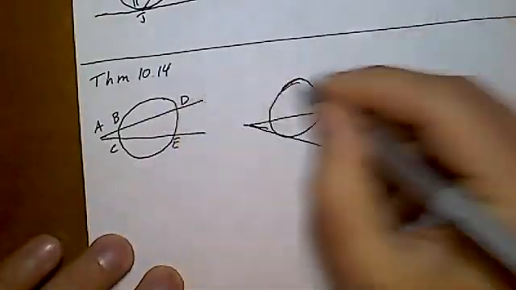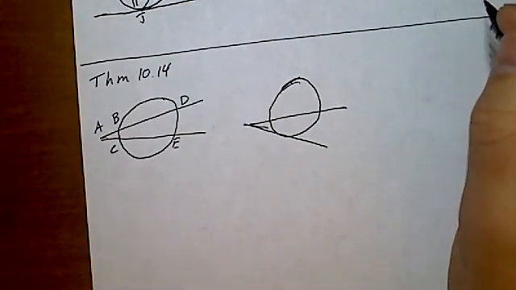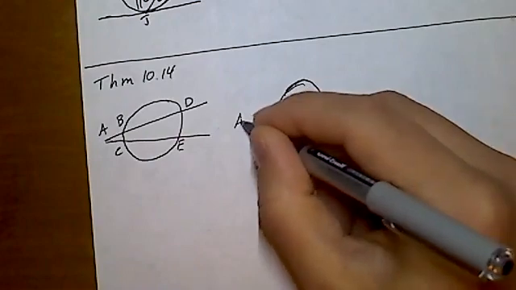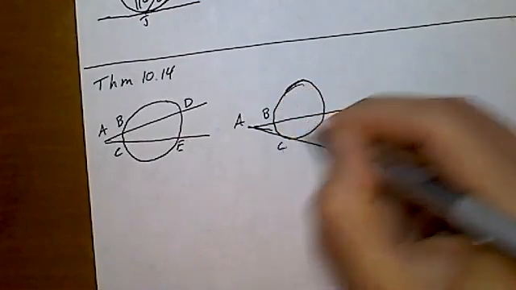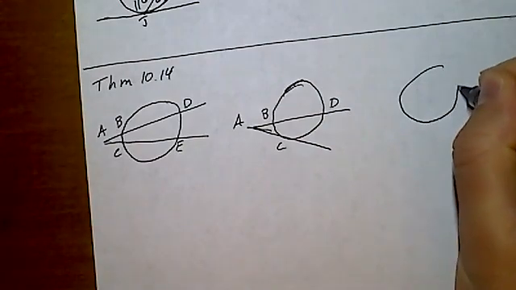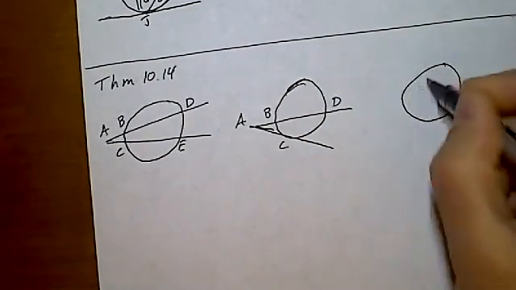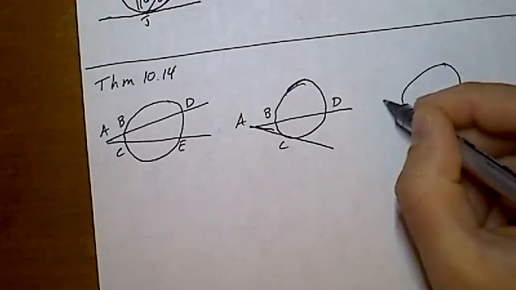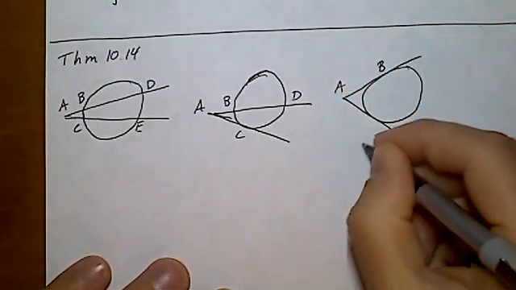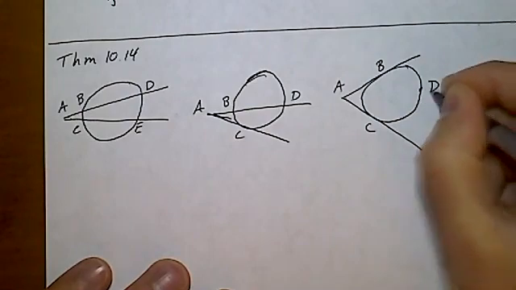This one was 2 secants. And this is where their intersection is happening outside of the circle.